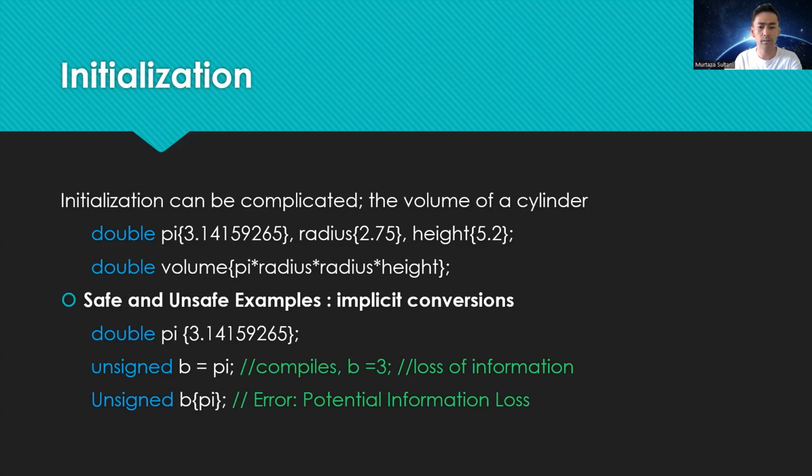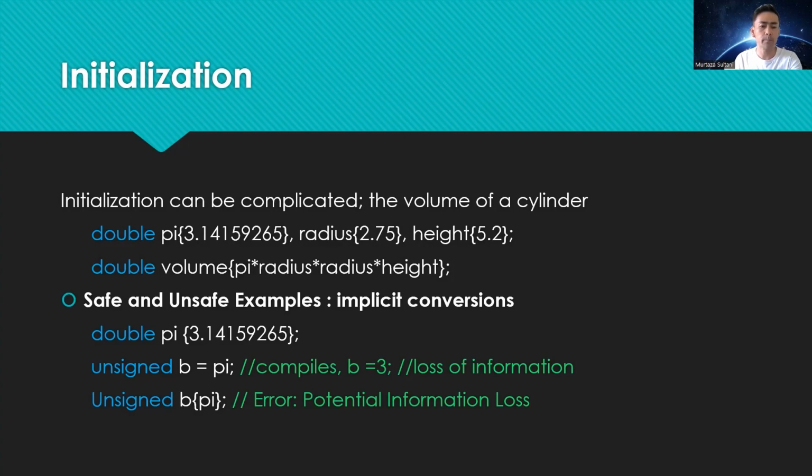For example, here you see we have double pi equal to its value, and if we have an unsigned initialization, unsigned b equals pi, which is of course an unsafe way, the compiler will compile it, but b will be equal to 3, and the rest of the value of pi after the decimal point is lost.